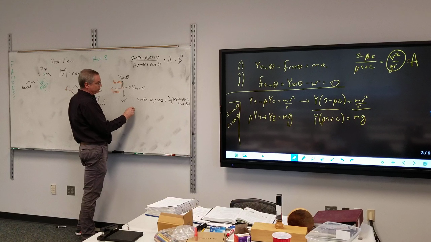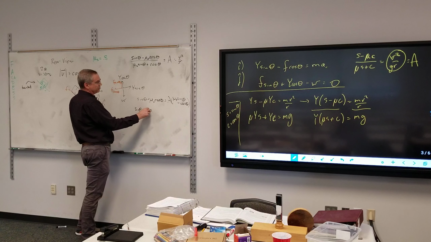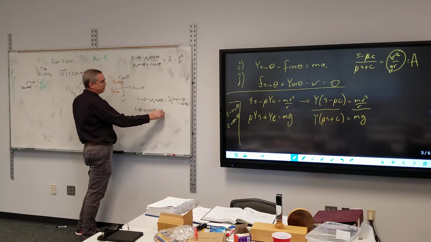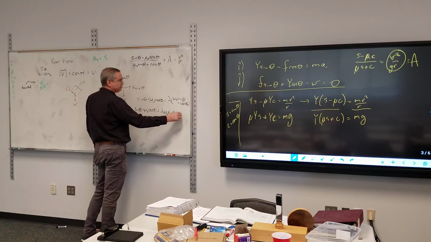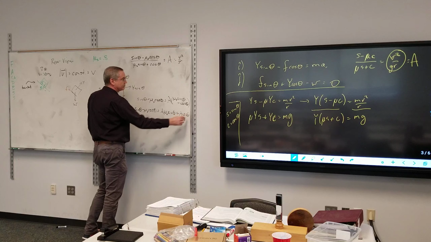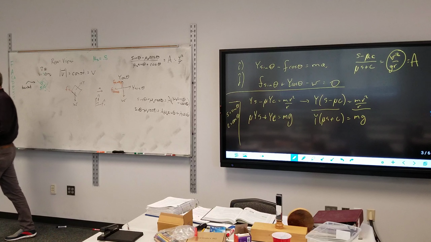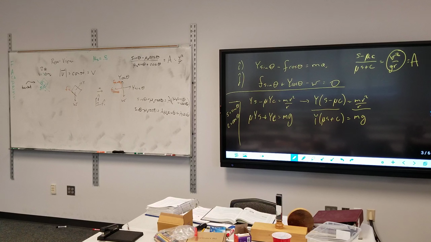I'm going to distribute, so sine theta minus mu s cosine theta is equal to A mu s sine theta plus A cosine theta. Now what? You could mess with it to get the cosines.